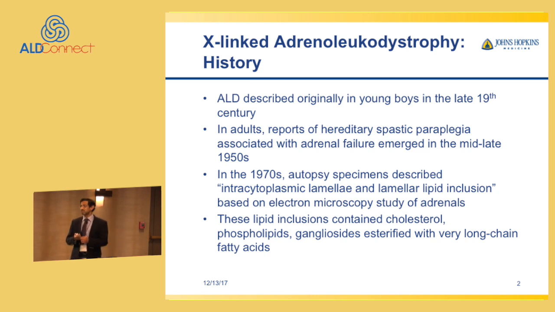And in the 1970s, there were autopsy specimens that described these lipid inclusions based on electron microscopy studies of the adrenal glands. It turns out that these lipid inclusions contain cholesterol, phospholipids, gangliosides that were esterified with very long-chain fatty acids, and this all happened, I guess, about the time that I was probably born, but that eventually led to the development of the very long-chain fatty acid assay.